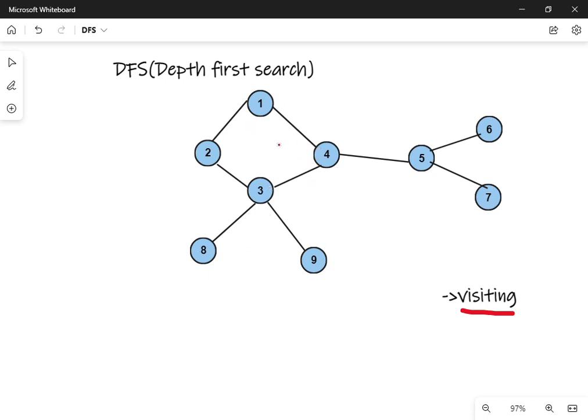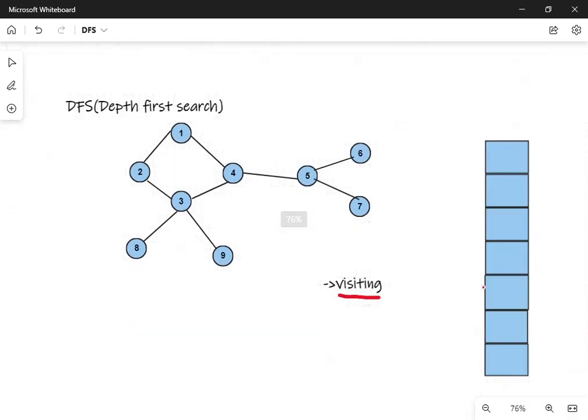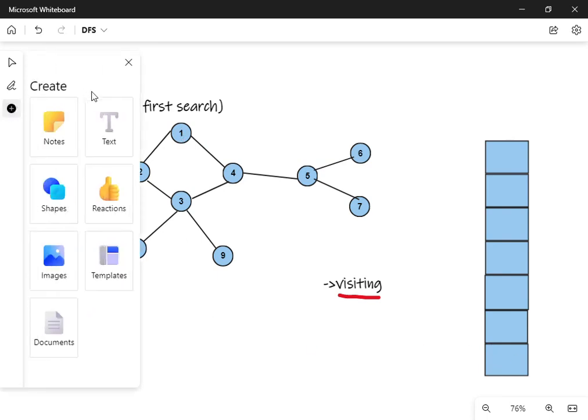So let me start it. One thing we need is a stack. So let's start with 1. Here I selected 1 as our first vertex. Let me write visited vertices here.